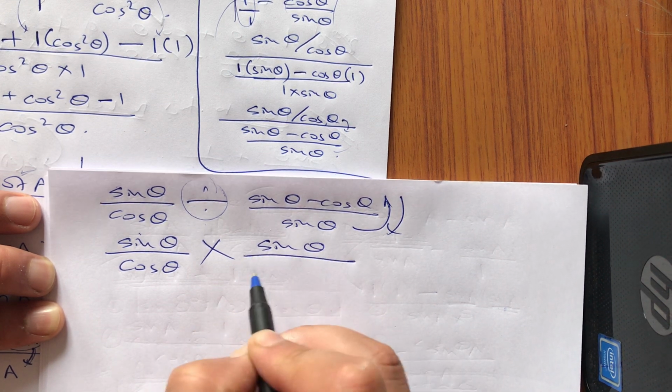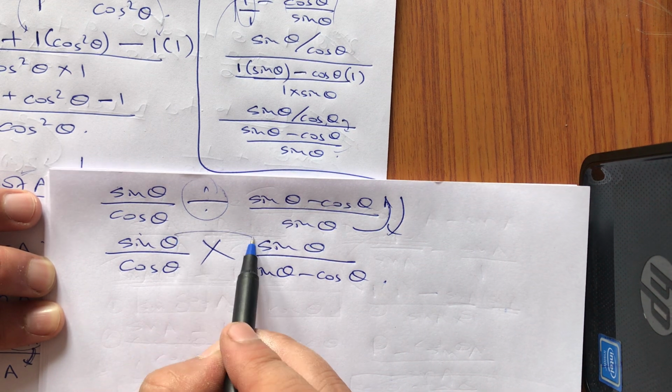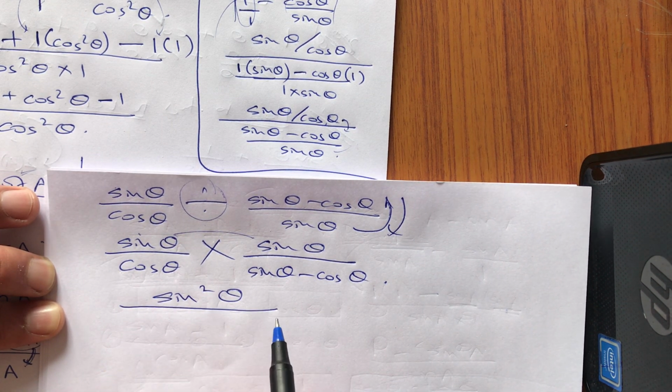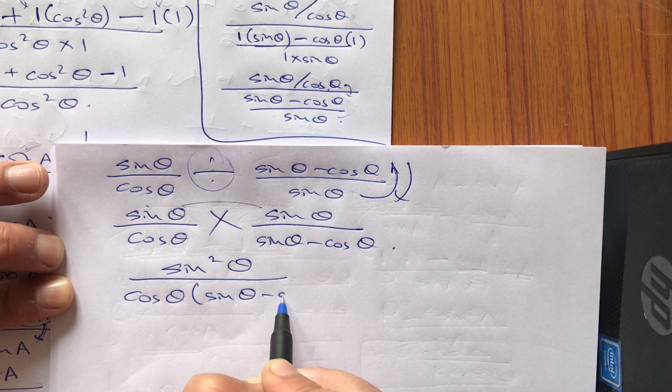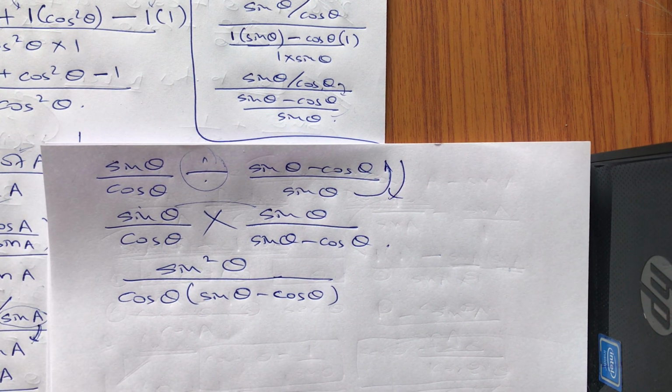Sine theta goes up, sine theta minus cos theta comes down. So the numerator gets multiplied with numerator, I get sine square theta. Down, the cos theta gets multiplied with the entire thing, so more than 1 inside a bracket. So this is how we go ahead and solve the initial part of your questions in trigonometry.